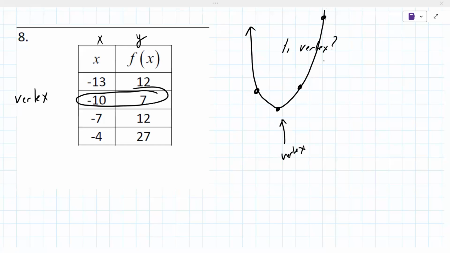Let me put it in the chat. We did this problem in class. Right?